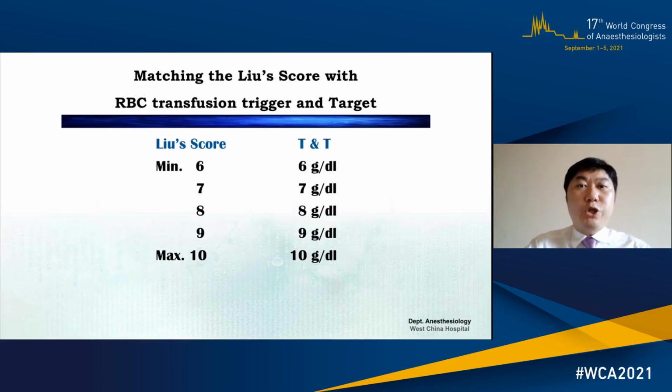And how can we match the West-China score with red cell transfusion trigger and target? By its final score. For example, if a patient has a score of 6, his transfusion trigger is 6 grams per deciliter, and the transfusion target is 6 grams per deciliter at the same time.